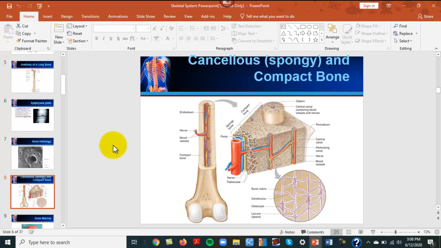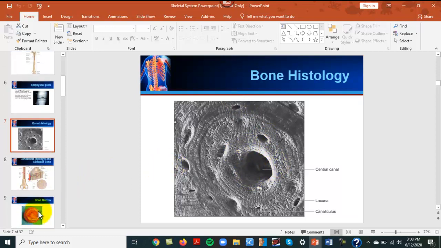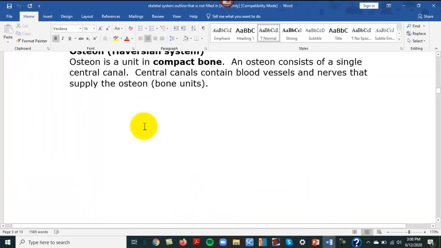That's why this osteon looks like little trees that are cut in half. And the lines between there are called canaliculi, little tunnels, and they connect these osteocytes to the blood in the central canal, because bone is too dense for anything to diffuse through that.